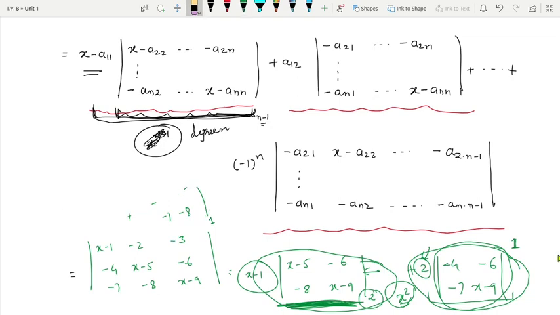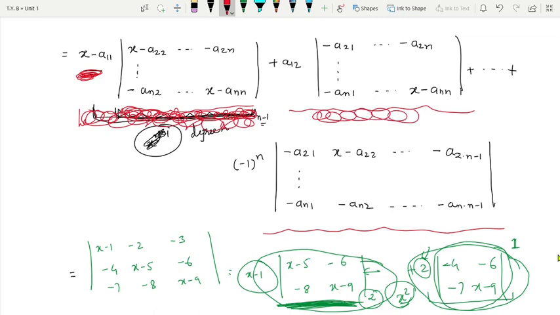So therefore this first determinant is going to give us a polynomial of degree n minus 1, and it is multiplied by this x minus a11. So it will give us a polynomial of degree n entirely. This term is going to give us a polynomial of degree n minus 2, right?